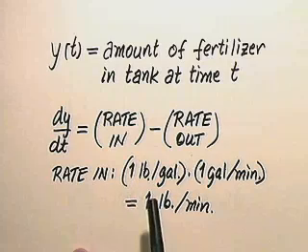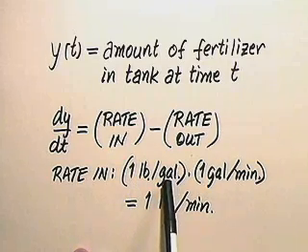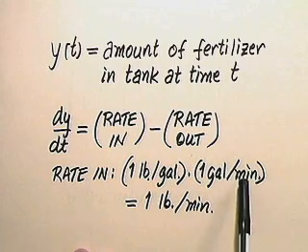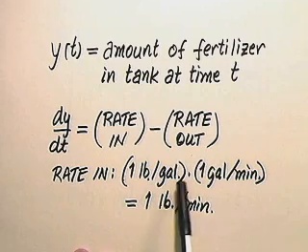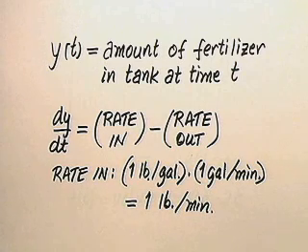Well, we can easily figure out the rate that it goes in because 1 pound per gallon is the concentration, and 1 gallon per minute goes in. So 1 pound per gallon times 1 gallon per minute is 1 pound per minute. So what's going in amounts to 1 pound of fertilizer per minute.